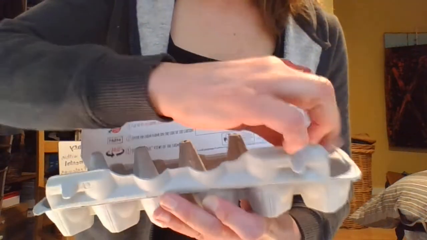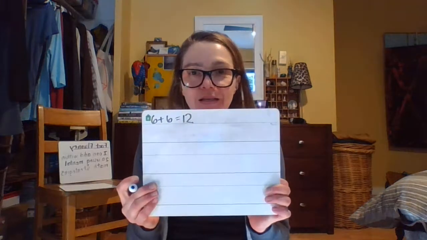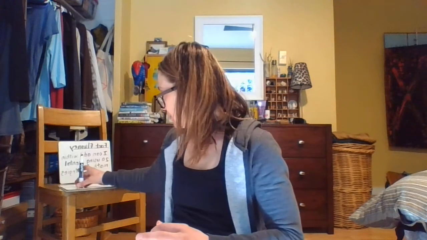And I know that that's a doubles fact. So I'm going to go ahead and move to my whiteboard marker. Oops. And I'm going to write it down before I forget it, 6 plus 6 equals 12. Right? And then I'm going to move on to my next one. And I got 1 plus 1.